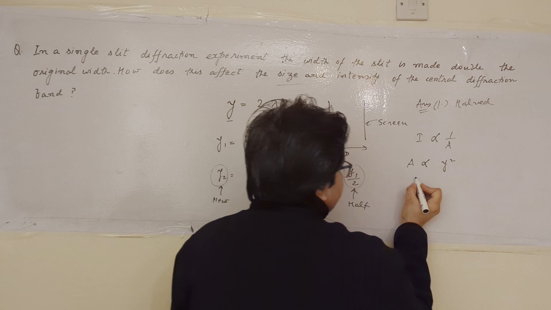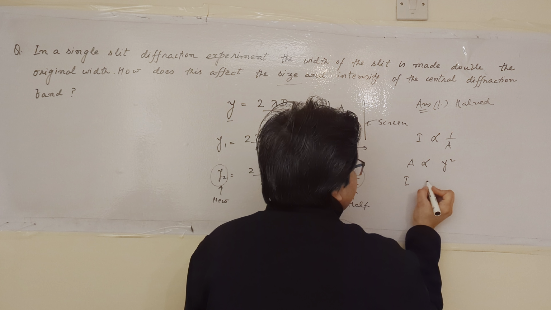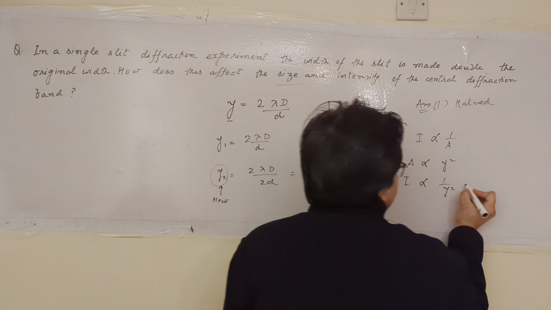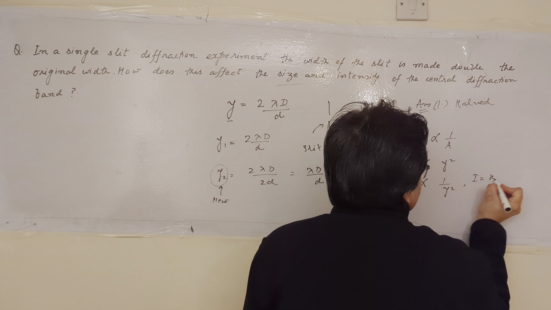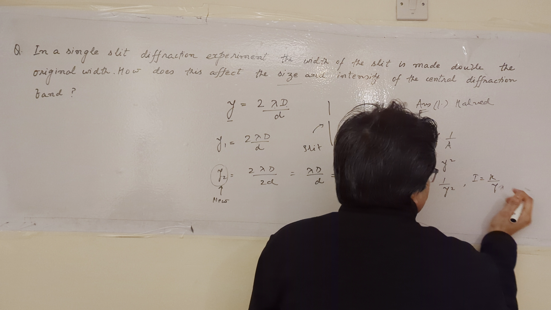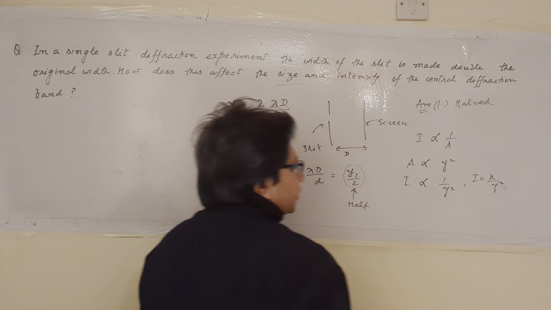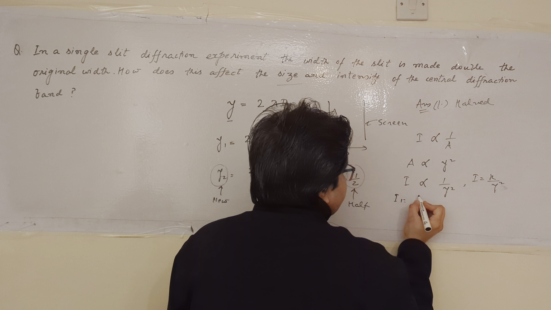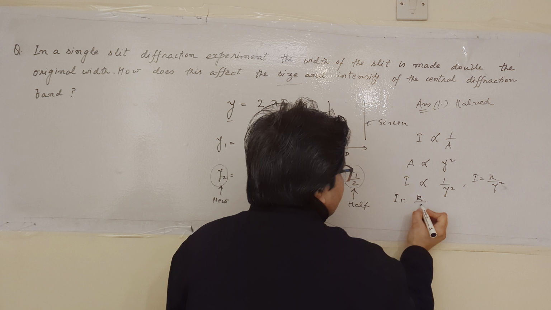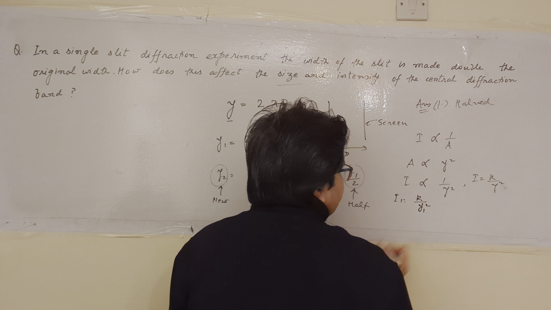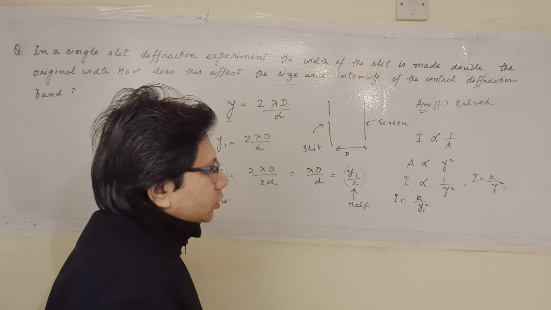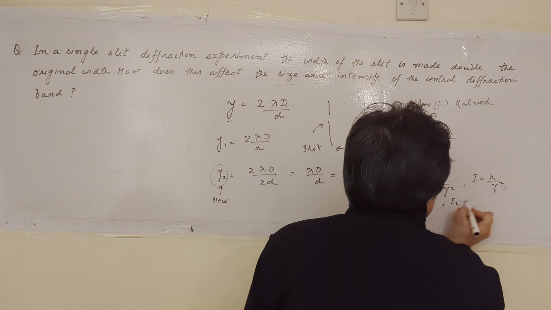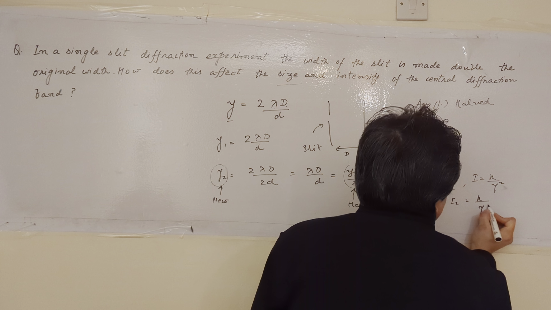So we can say that I is inversely proportional to y square, or I is some constant k upon y square. In the first case, let us call the intensity I1, so I1 is k upon y1 square. This is the value of I1 in the first case, and I2 is equal to k upon y2 square.